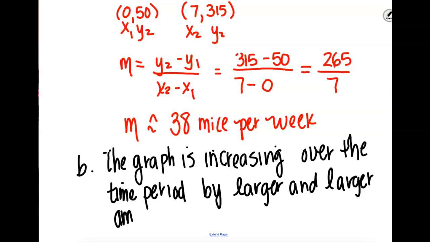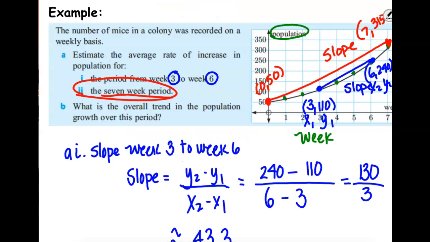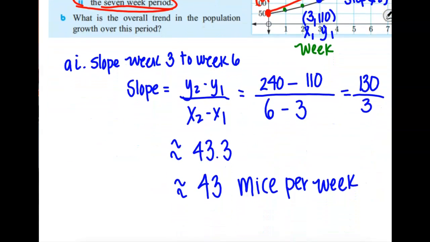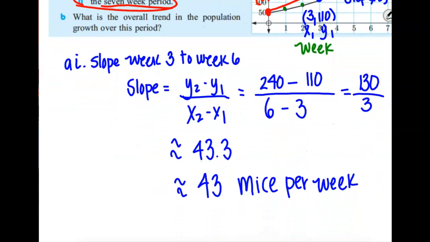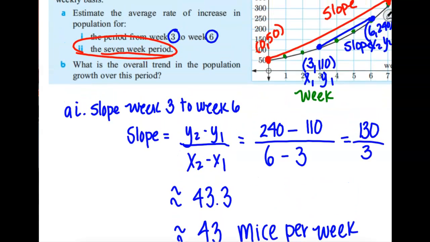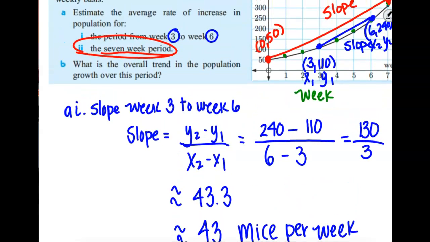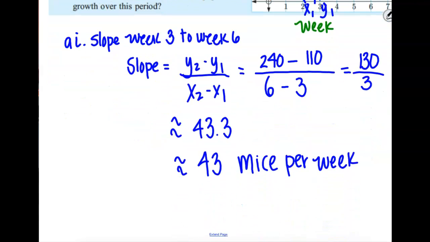Why is that? The slope in the red over the entire time period was 38 mice per week. But then when we look at the blue one, the blue slope, the slope is now faster. So the rate of change is quickening as you progress in your time, 43 mice per week. So a faster rate of increase as the time progresses.